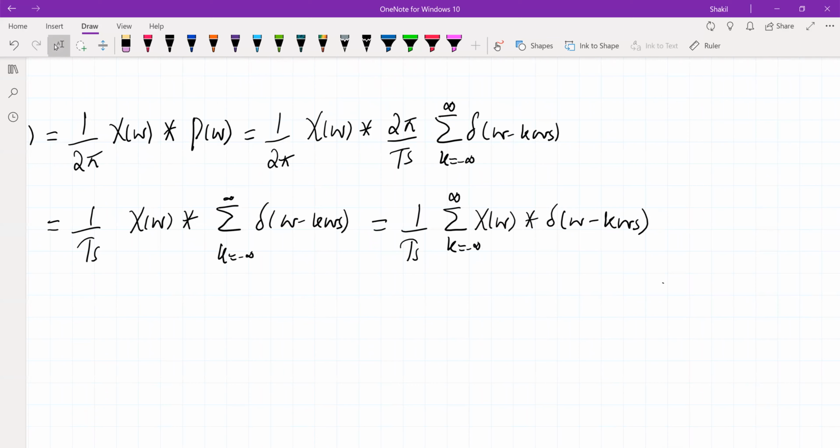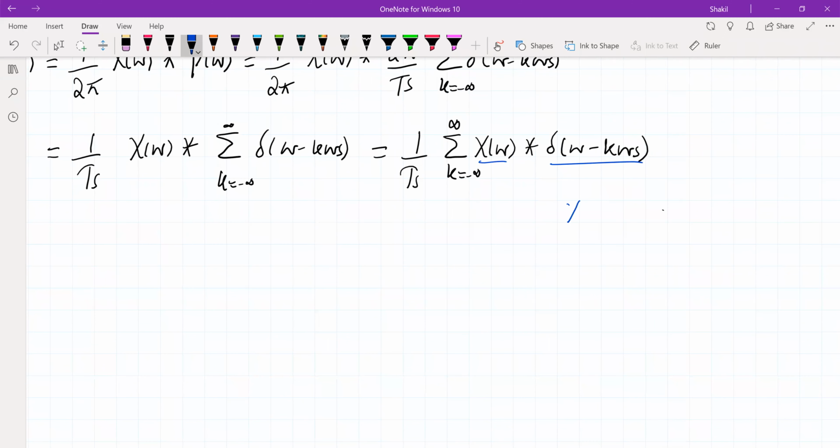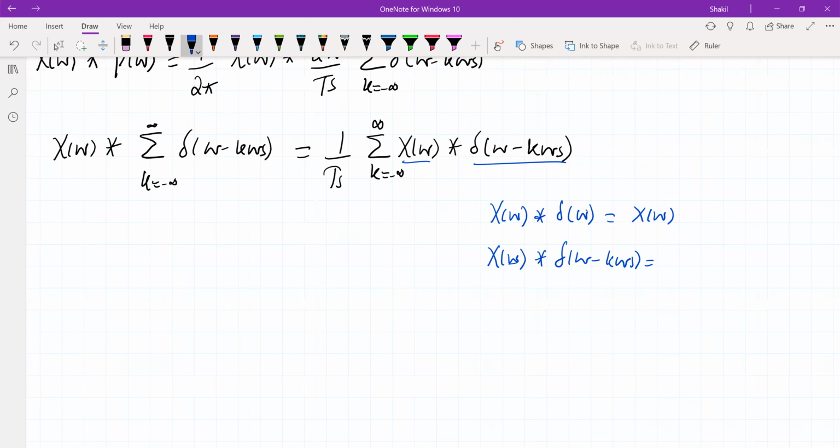Next, what we are doing is the convolution between this and this. If you remember, I said the convolution of any signal with delta is the signal itself. Convolution of delta(omega) with X of omega gives X of omega. And in the same way, convolution of X of omega with delta(omega - k omega s) is simply replacing omega by omega - k omega s. So this will be the convolution between these two.